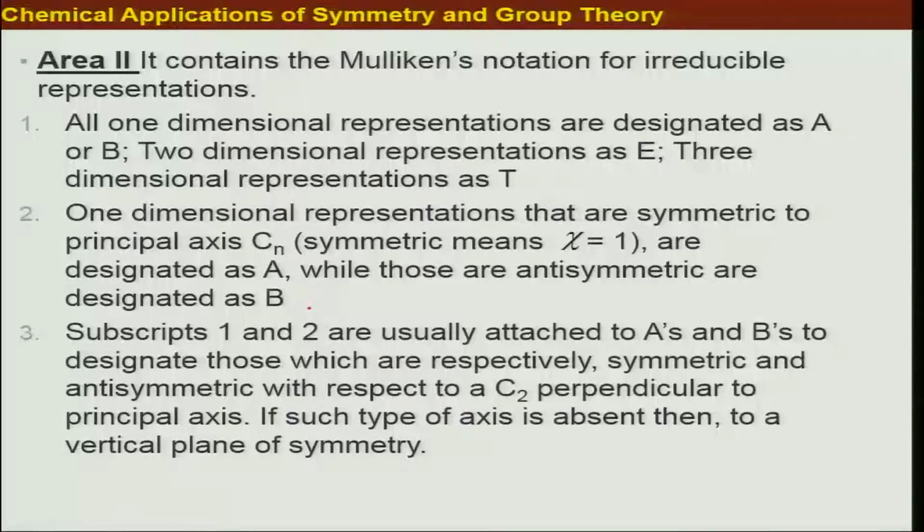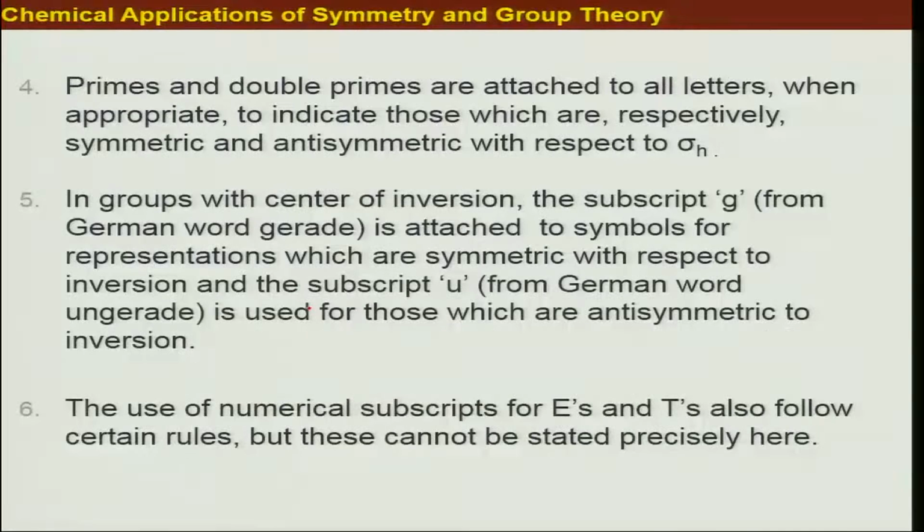In case there are no C2 primes, then one has to look at the characters corresponding to the vertical plane of symmetry, and we will follow the same trend. So, with respect to sigma v, if the character is +1, then the subscript 1 will be used. If it is antisymmetric, that is -1, then subscript 2 will be used.